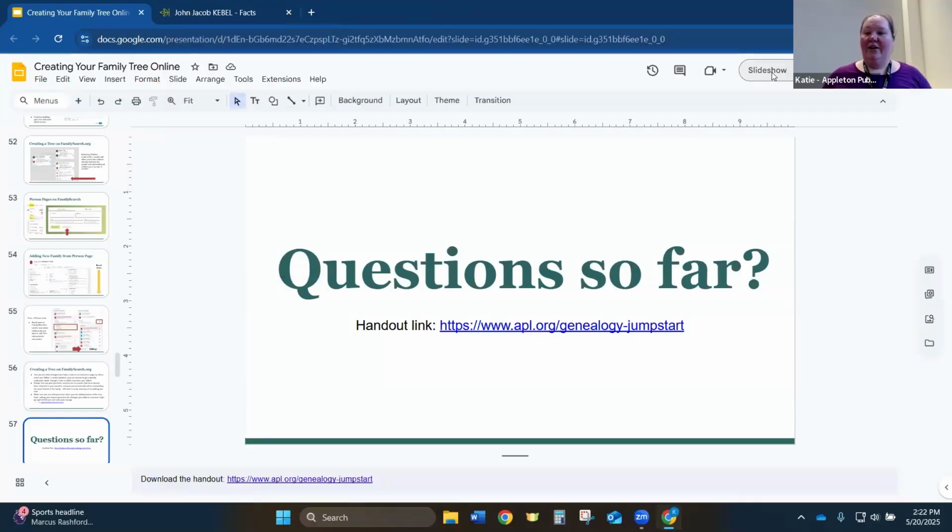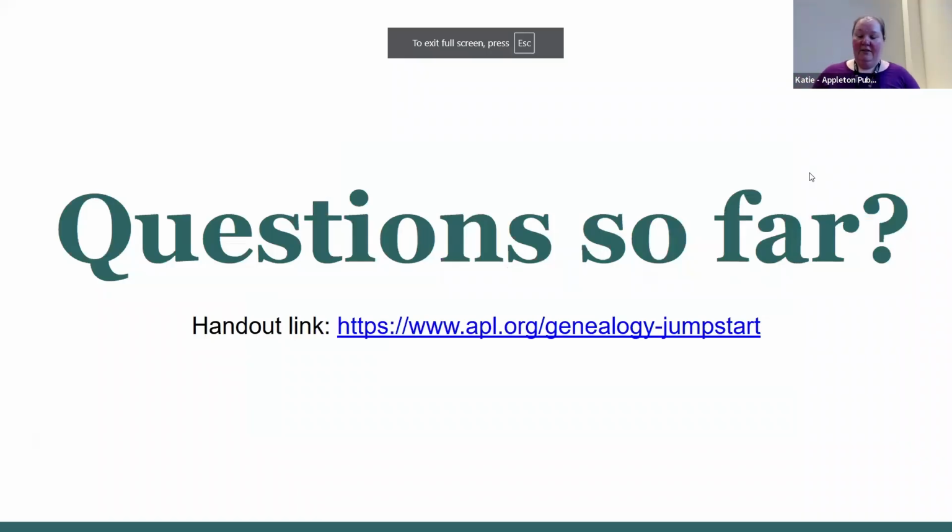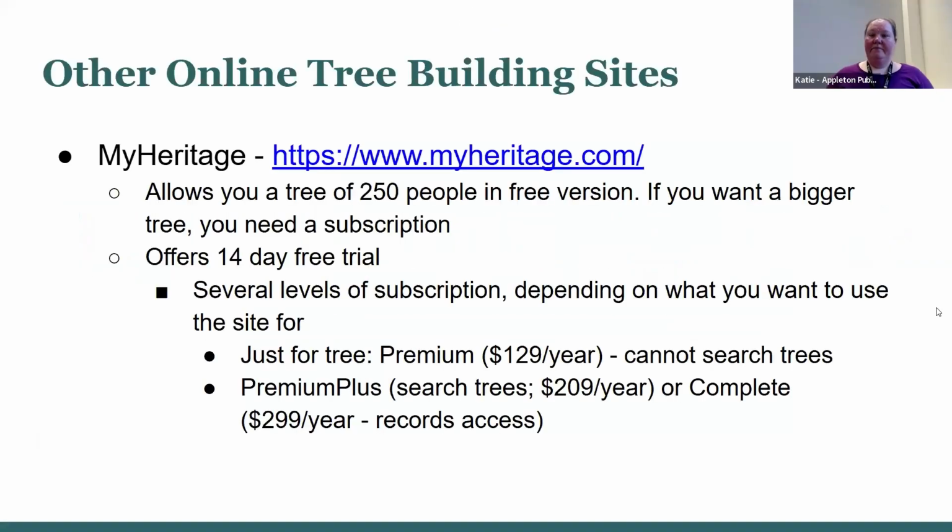We're just going to talk about MyHeritage very briefly. MyHeritage allows you to build a tree for free, but you only have 250 people in the free version. If you want a bigger tree, you do need a subscription. They've got a bunch of different levels of subscription depending on what you want to use the site for.